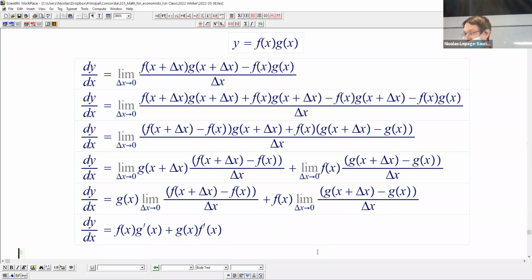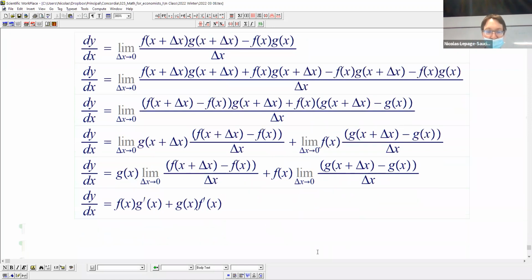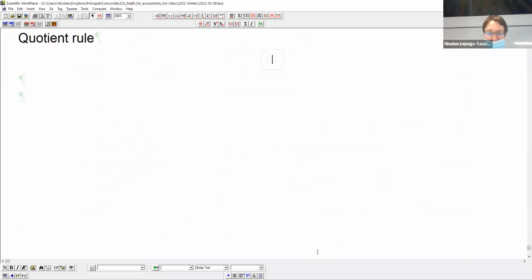So what did I do for quotient rule? Oh yeah, the quotient rule isn't all that difficult. So if I have y of x, y equals f of x divided by g of x.